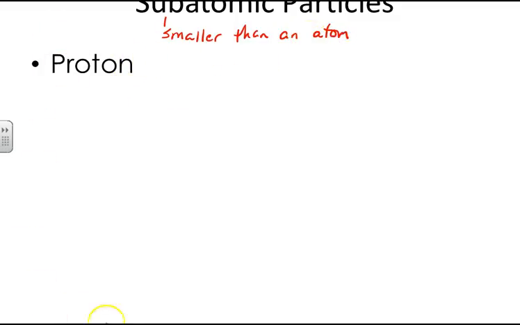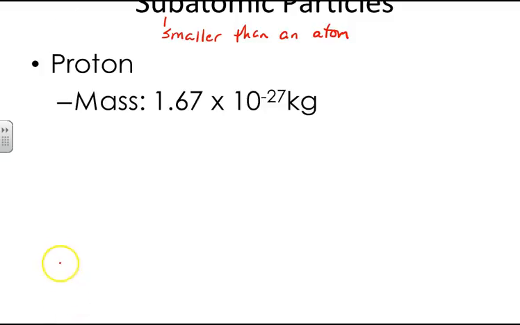The first of those is the proton. Protons have a very low mass, a mass of 1.67 times 10 to the negative 27th kilograms. So very, very small. They have a charge of positive 1, and we don't put a unit on this because it's a relative charge, meaning that it's positive 1 compared to some other particle within the atom.